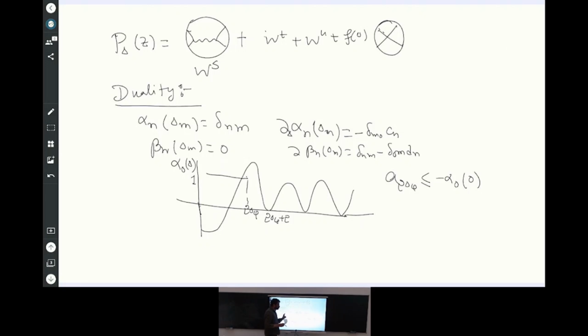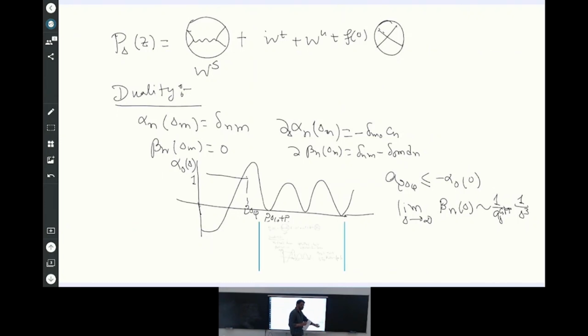Then there are two more properties that I would like to point out. One is looking at the large delta limit of these functionals. At large delta, this functional goes as the OPE of GFF, where GFF is a generalized free field theory, times a power law which goes like 1 by delta to the Q. So what does it mean?